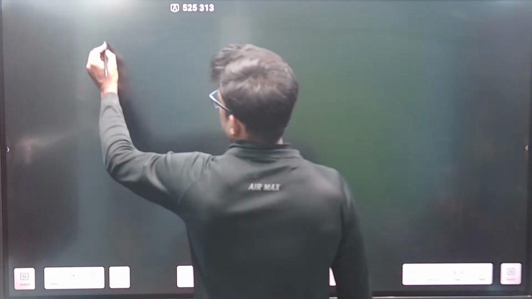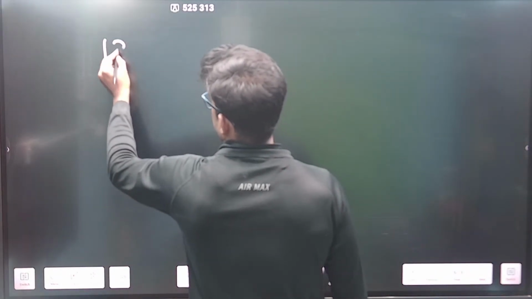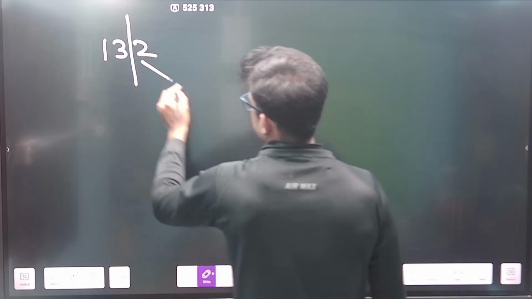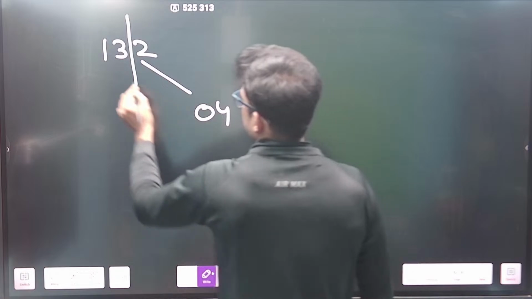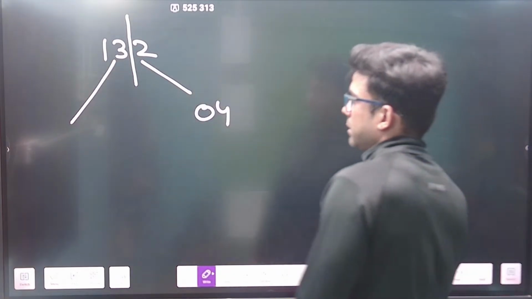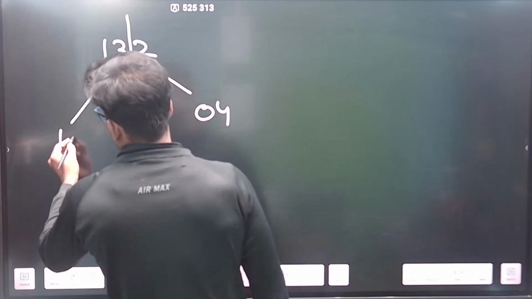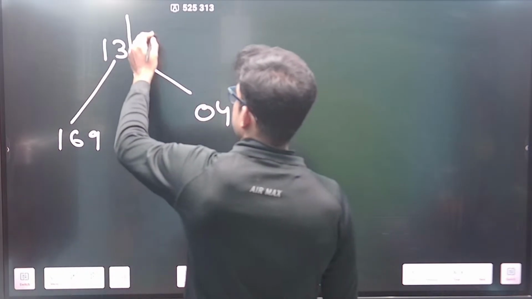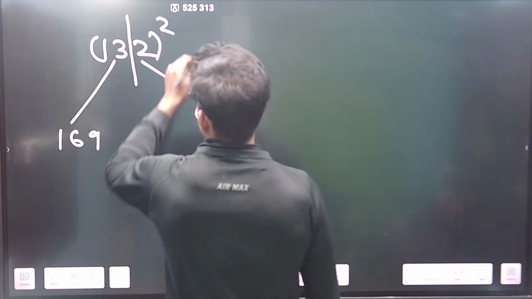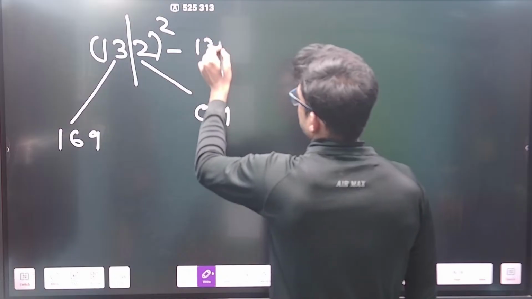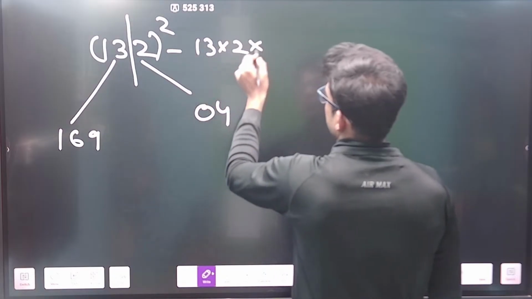If I say 132 ka square, again I am saying, put a bar. 2 ka square is 04. Now 13 ka square, you need to figure it out, which is 169. As you are doing the square, keep in mind that here you will do 13 into 2 into 2.